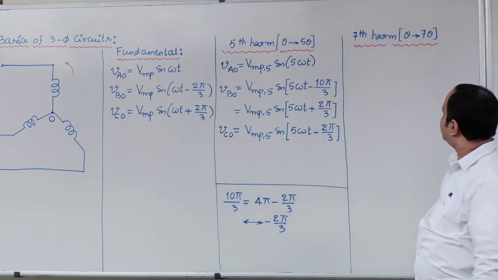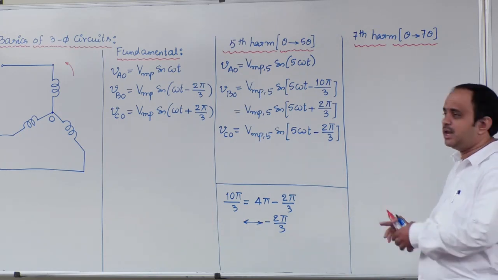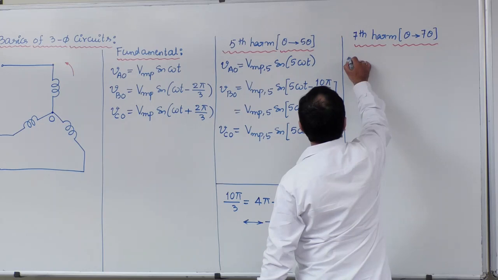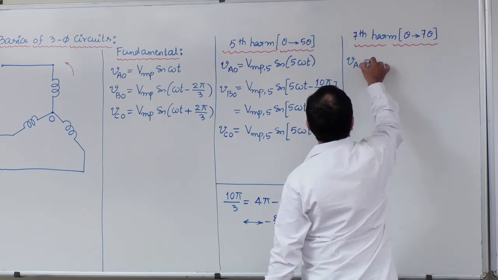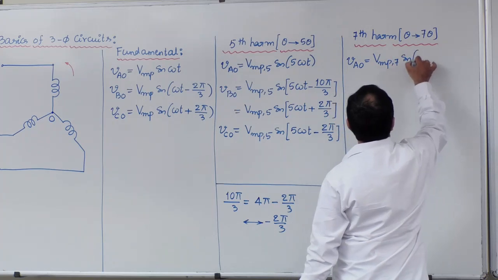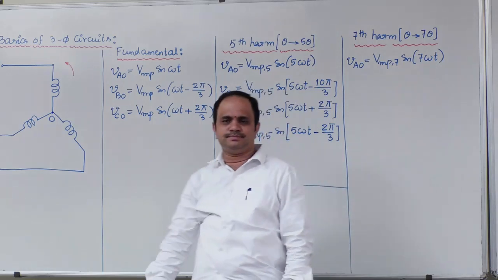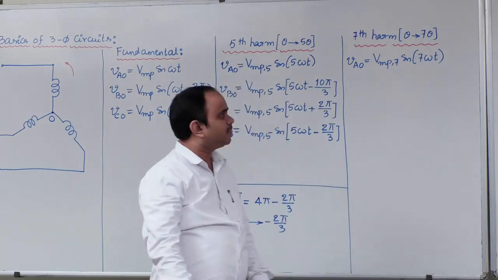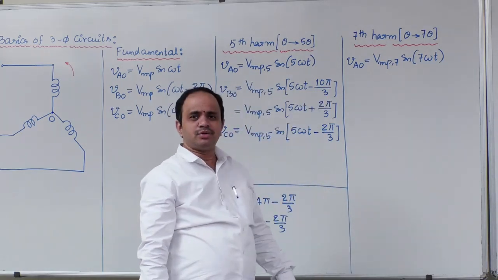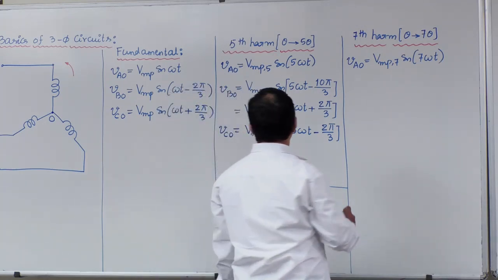Let us write down first VAO is equal to VMP7 sin of 7 omega t, where VMP7 is the peak value corresponding to the 7th harmonic.